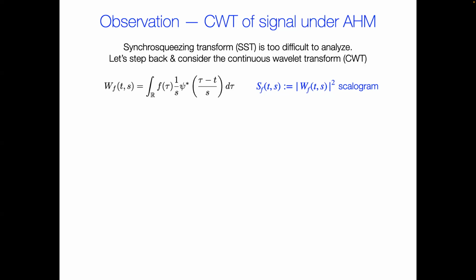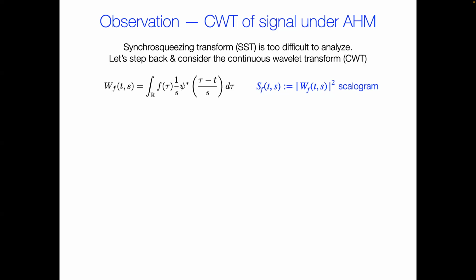The wavelet transform, in particular the continuous wavelet transform W_f of a function f, is defined in this way. You have f(τ), and you convolve it with ψ. ψ is called the mother wavelet, for which I will give you a more precise definition later, but just imagine it is something oscillatory. In the frequency domain, it is 0 at frequency 0, it has some decay to 0, and it is relatively well supported, so it is a very nice function.